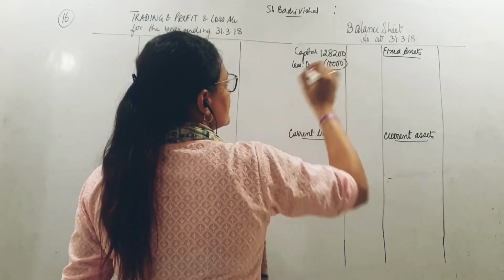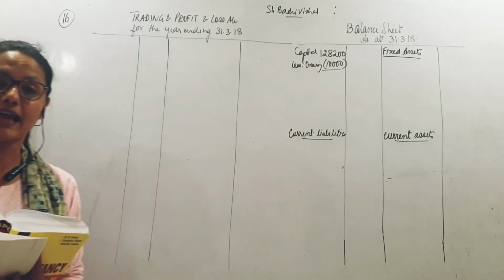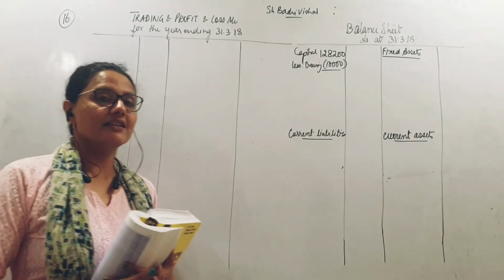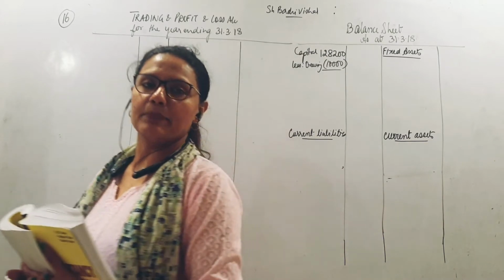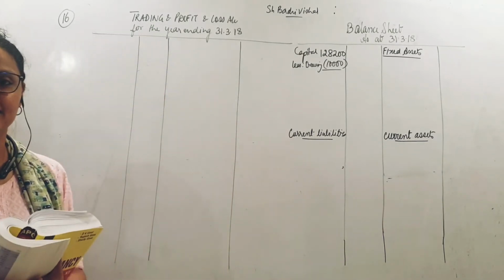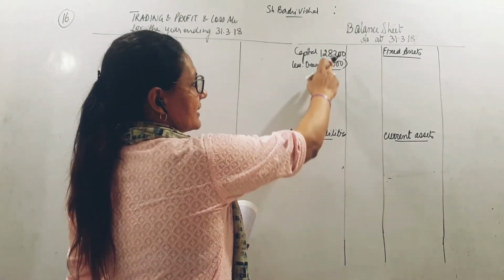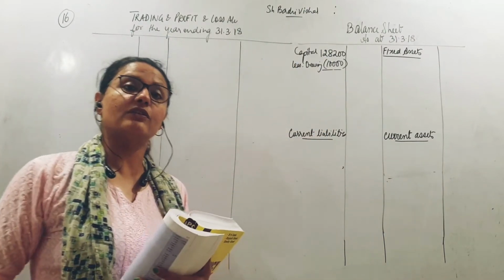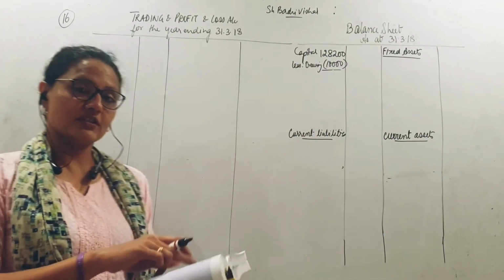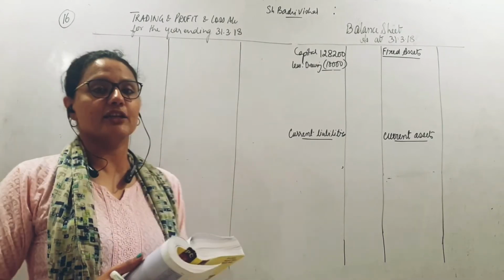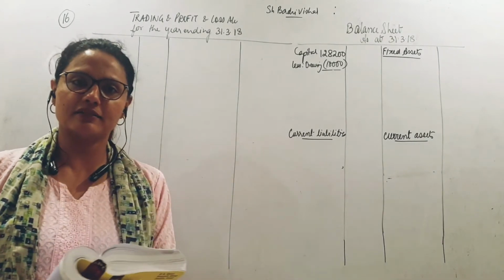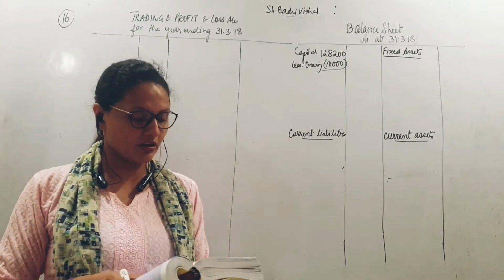So I subtract drawings from capital. This is basically the effect of the closing entry or transfer entry: capital account debit to drawings. That is how the capital should reduce because you have withdrawn 10,000. What is given here is opening capital. So at the beginning of the year it was 1,28,200, and it will reduce by 10,000. Correct? Because he has withdrawn.